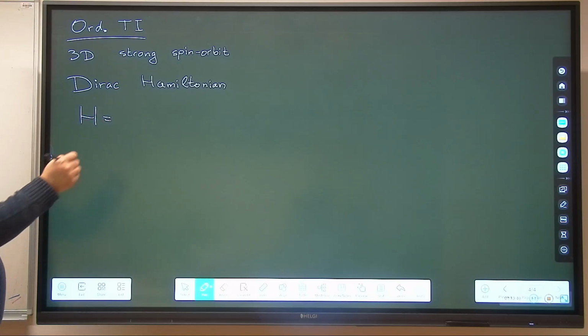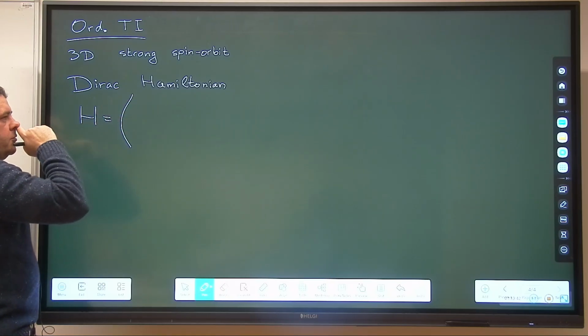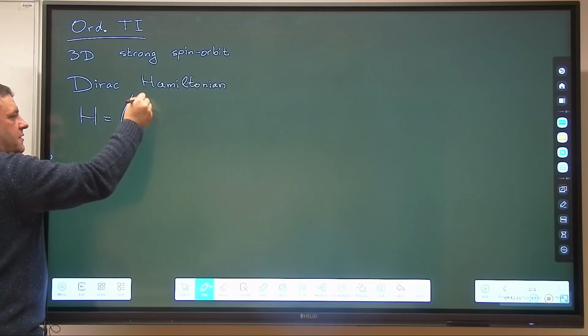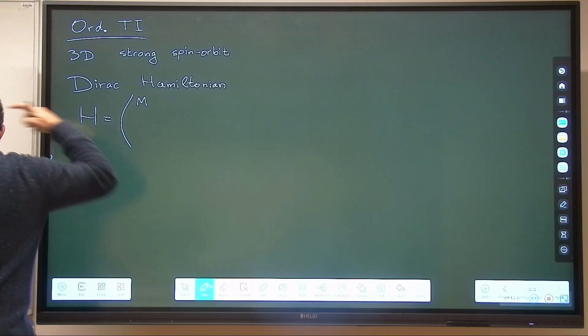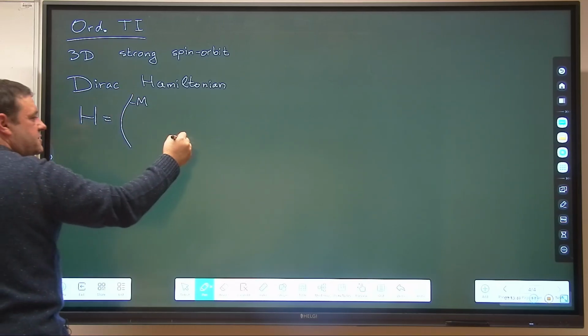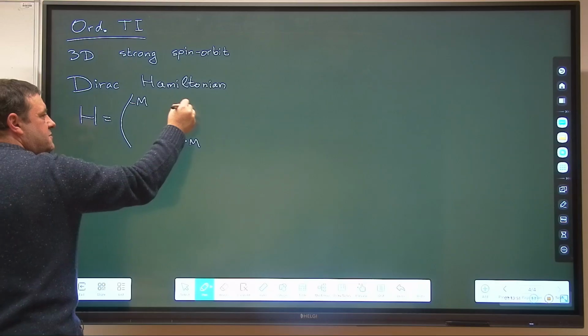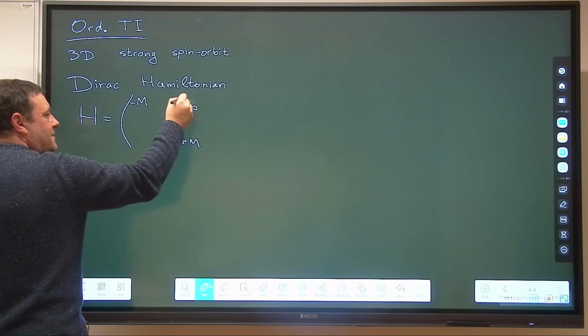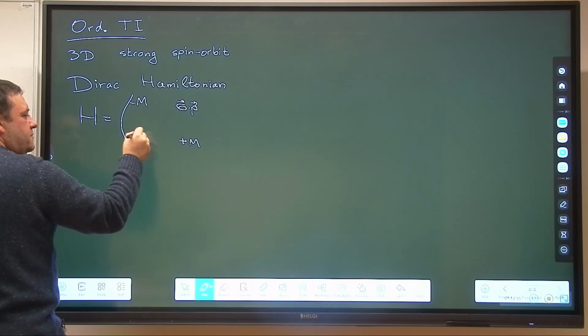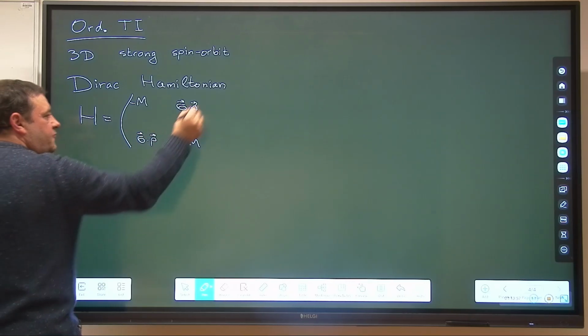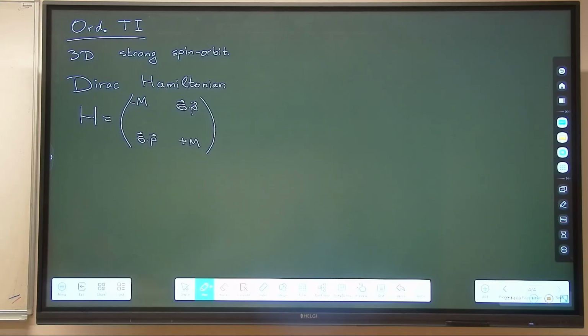There are many ways to write it, but I prefer this way. Minus m, plus m, sigma dot p. It's a 4x4 matrix. It's a famous thing. Everybody learns it now in kindergarten. It's a 4x4 matrix, which is linear in momentum. Sometimes the coefficients are called gamma matrices.